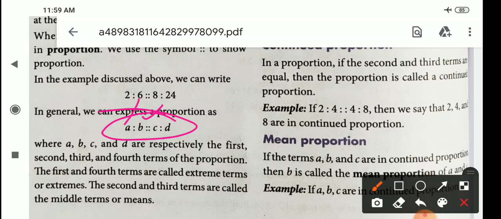So, A is known as the first term, B is known as the second term, C is known as the third term and D is known as, children, the fourth term. Okay, the first and fourth terms are called extreme terms or extremes, and the second and third terms are known as, children, middle terms. Clear?